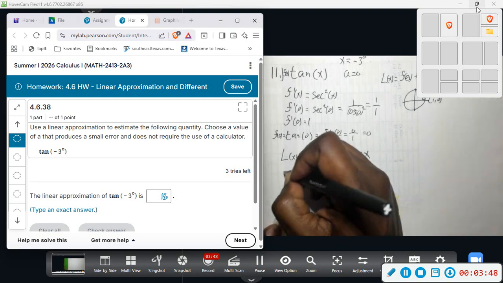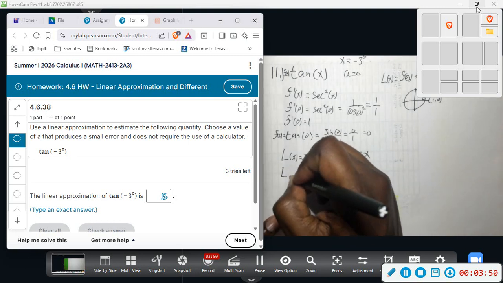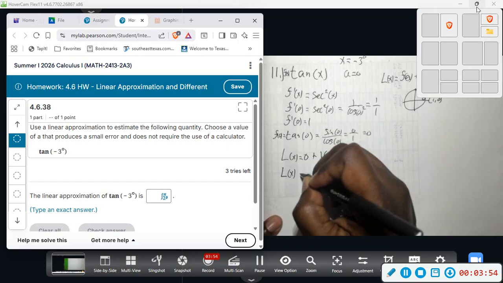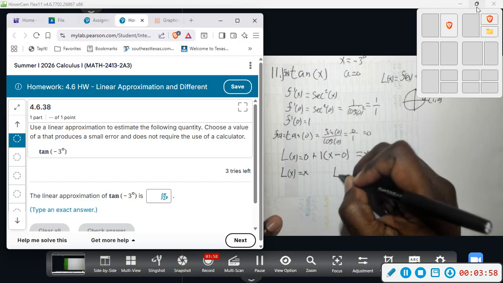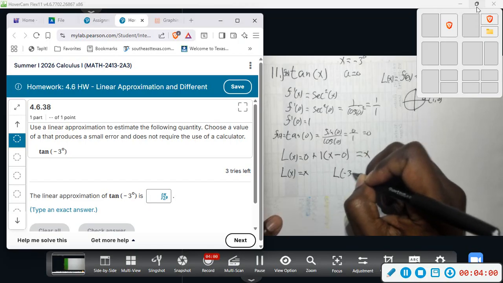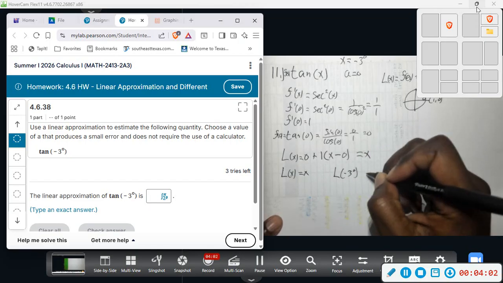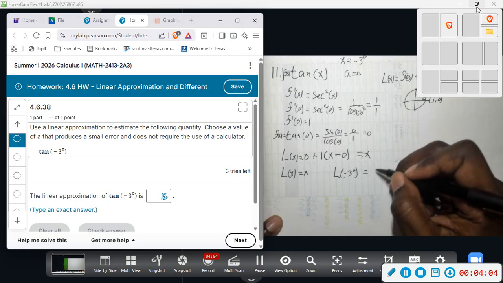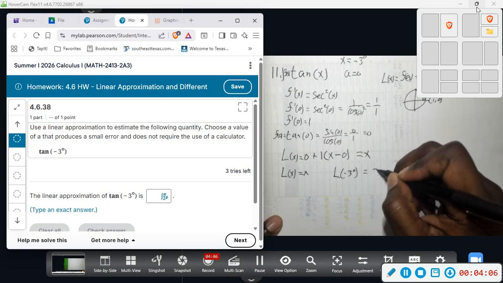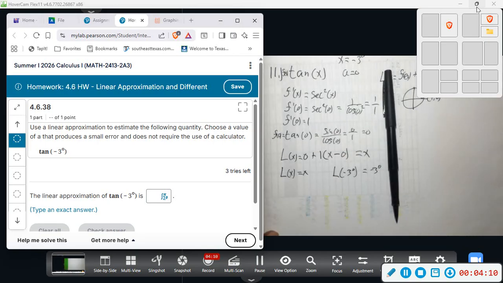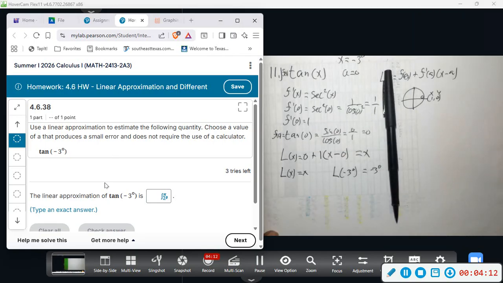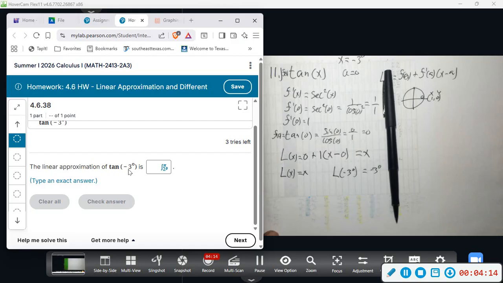So now we want to approximate L of negative 3 degrees. That will just be equal to x, the negative 3 degrees. They want an exact answer. So if I plug in a degree, we need a radian.